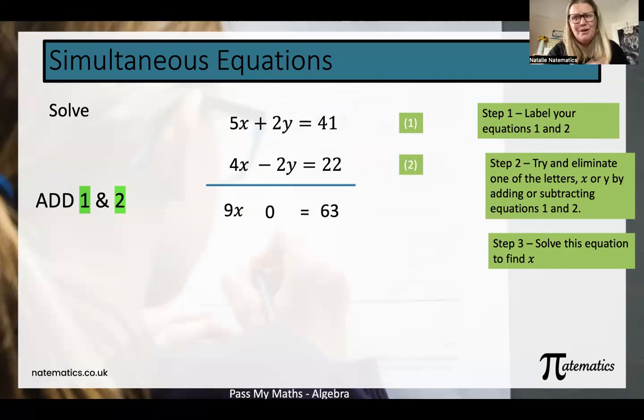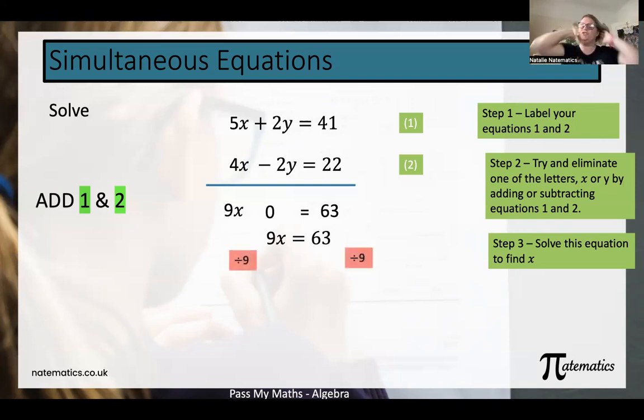It might be the y next time, depending on what the numbers are. So 9x equals 63. Therefore, 9 lots of a number I don't know is 63. So we divide both sides by 9, or take the 9 over to the other side to do the opposite, and we get x is equal to 7. Okay?